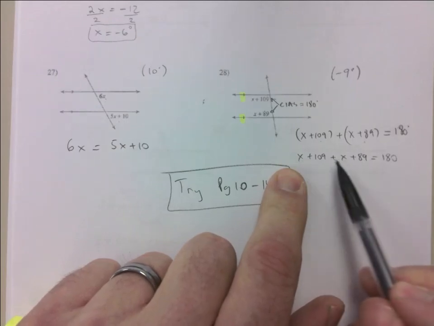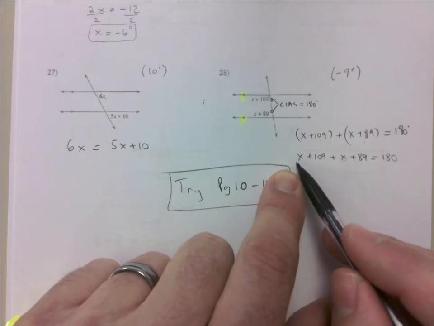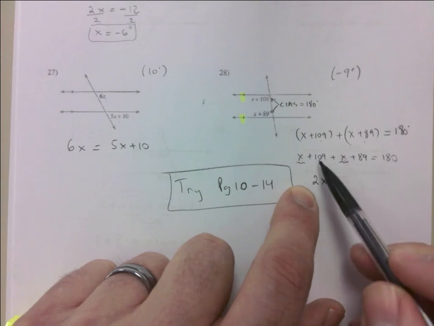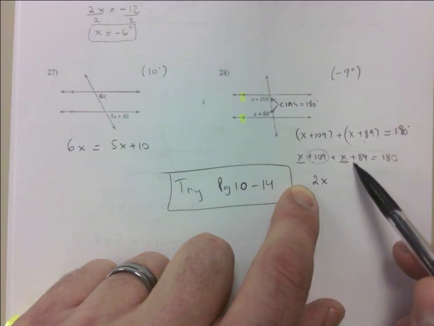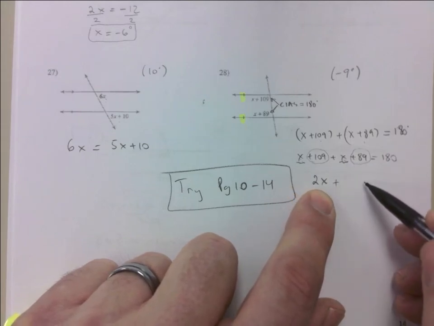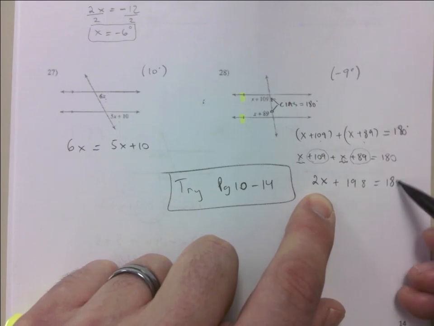I will combine my terms, my like terms. So x and x turns out to be, if you underline that, that's 2x. The plus 109 and 89, that adds up to 198. And I have 180 on the other side.